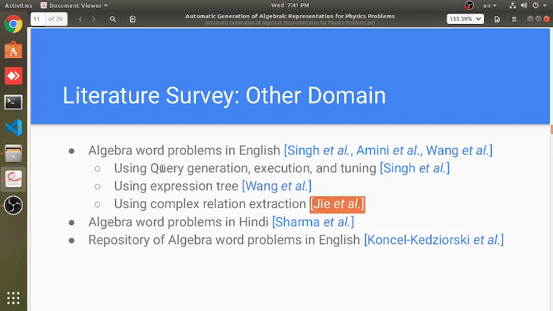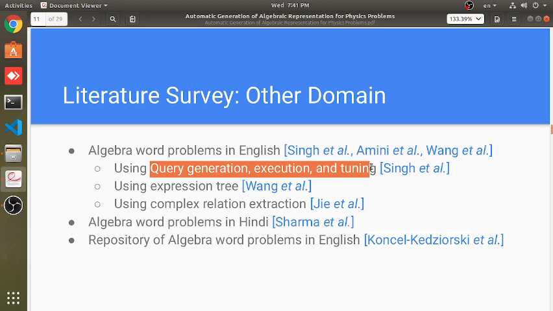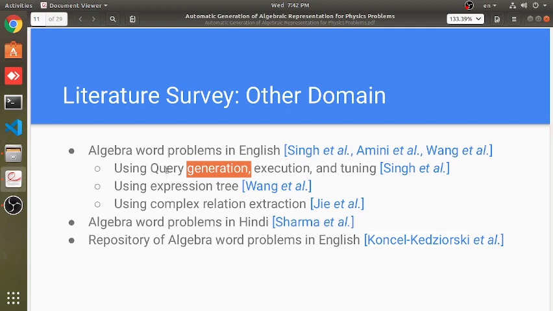Singh et al. used the approach of query generation, execution and tuning. In this case, the word problem itself they are considering as a document, and the algebraic representation they are considering as a query. So when they are generating the query, it means from the word problem they are generating the algebraic representation. After generating the algebraic equation, they are executing it.